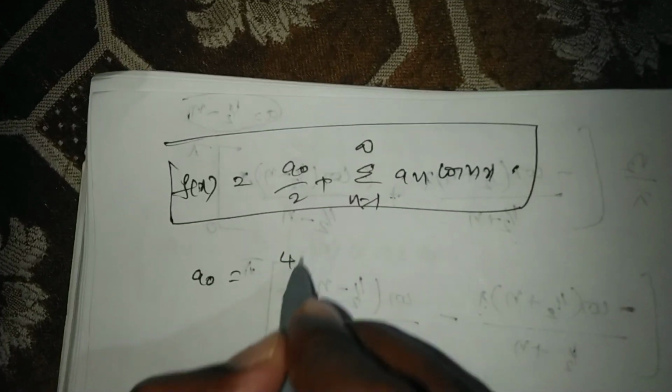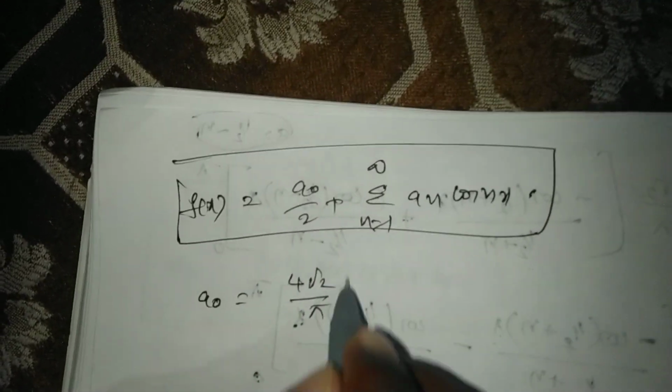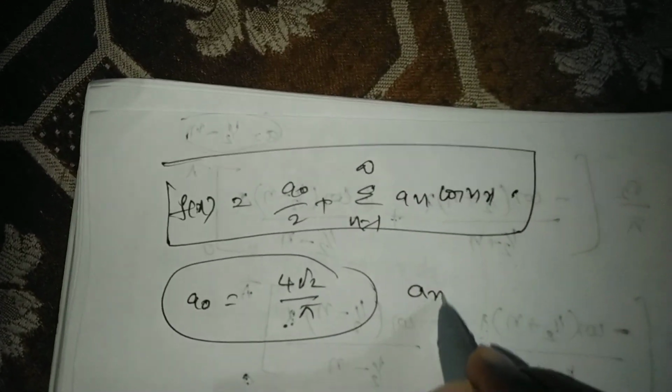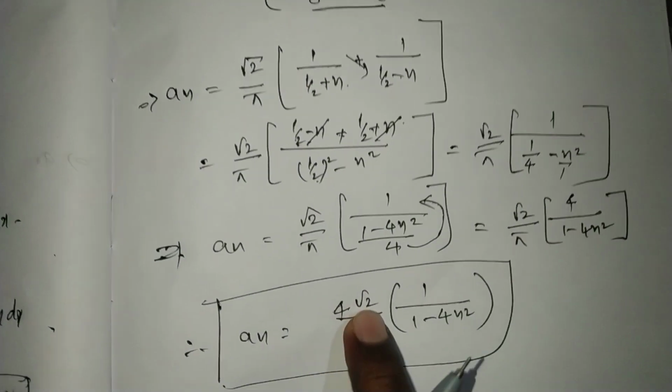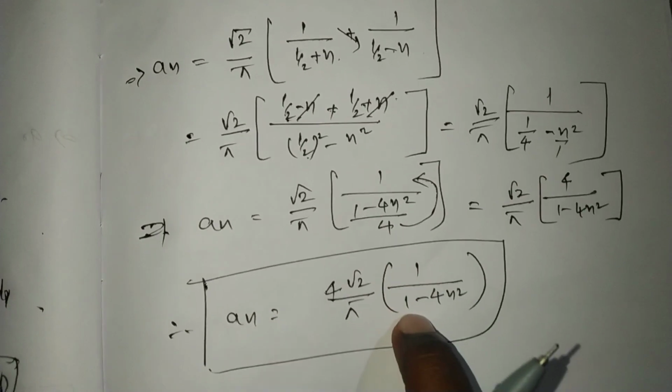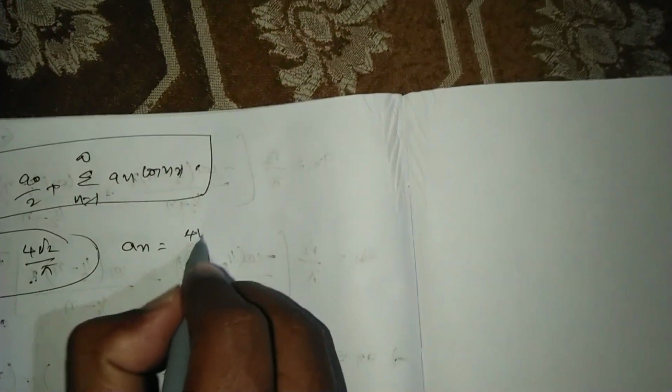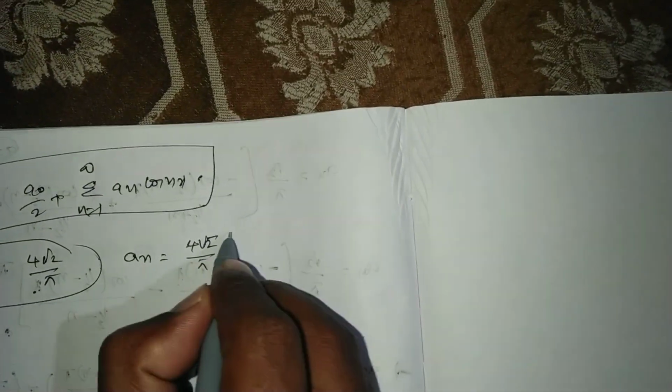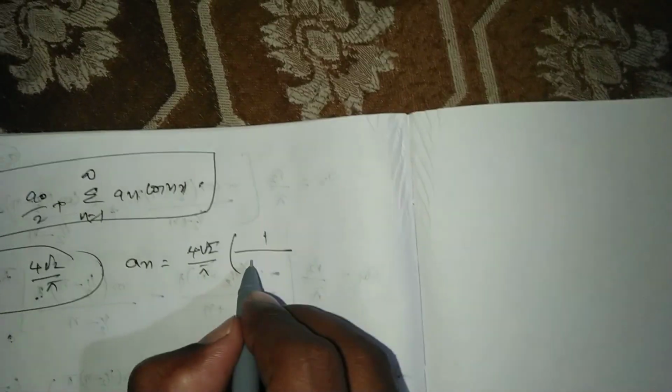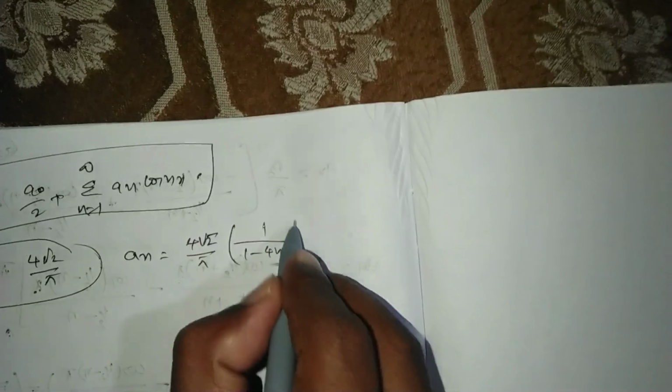A naught is equal to 4 root 2 by pi, and an is equal to 4 root 2 by pi into 1 by (1 minus 4n square). This is the an value.